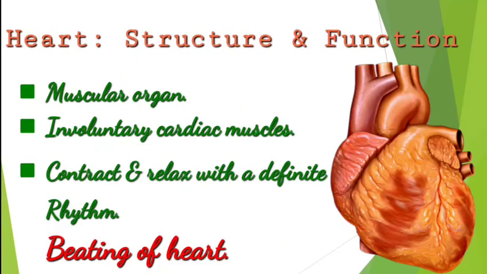Now, the heart is a muscular organ. You can see in the picture of the human heart, which is muscular, and it is made up of involuntary cardiac muscle. It means the movement of the muscle is not under conscious control. It is continuously beating all day and night.